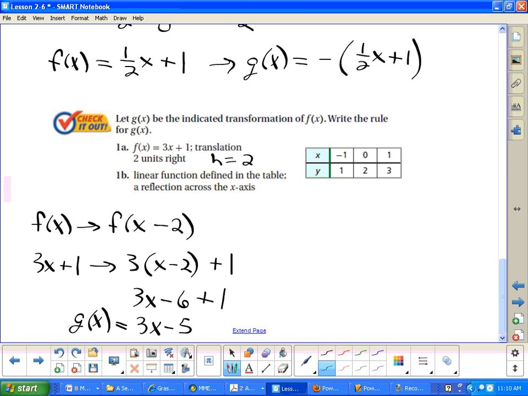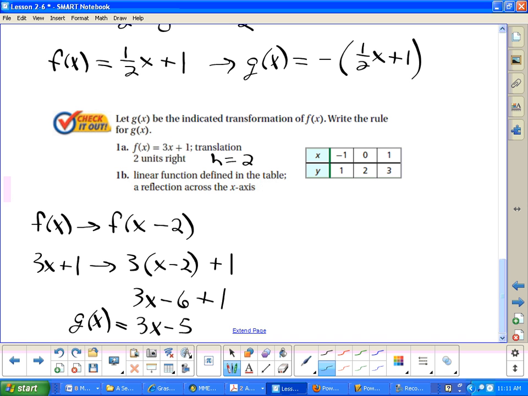And in this case, much easier to do it this way. I mean, actually, it's up to you. If you wanted to graph the line, and then move your points over 2 units, and then find the new equation, then you can do it that way also. If that helps you, then do it. Whichever way is easier for you. Okay. All right, letter B. Reflection across the x-axis.